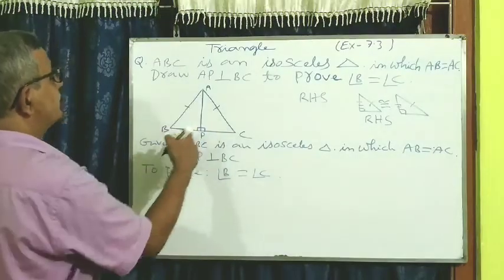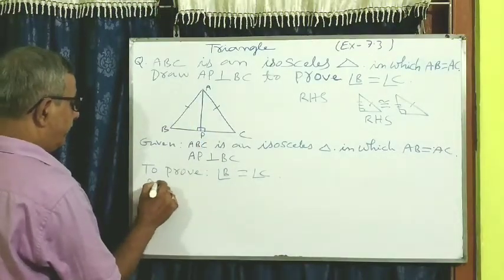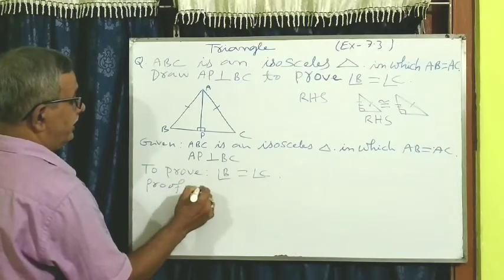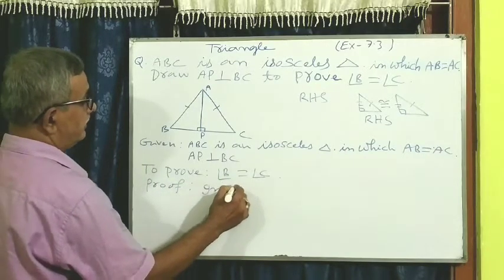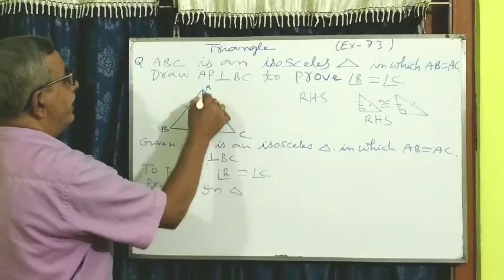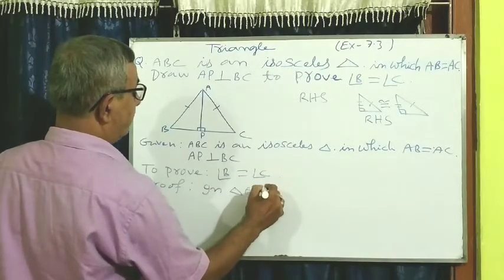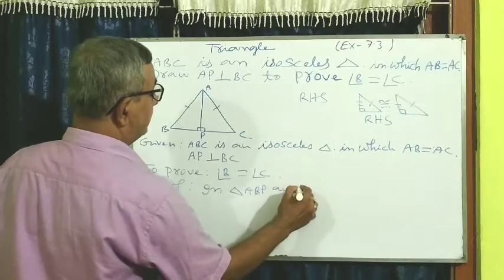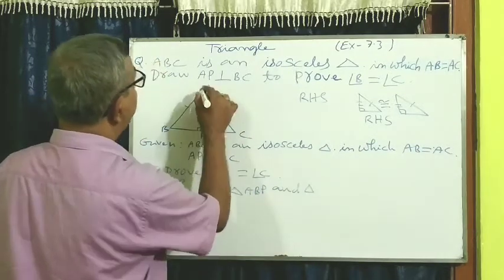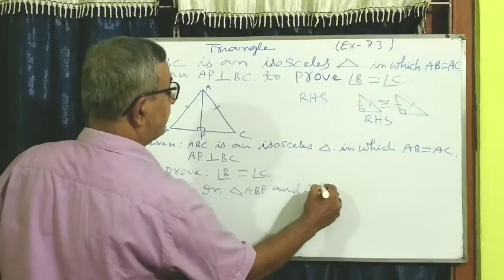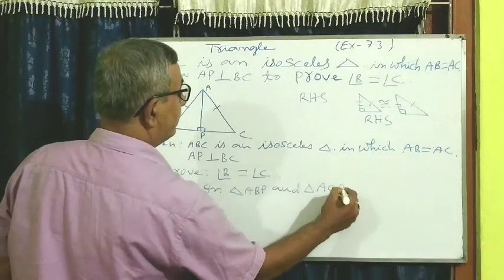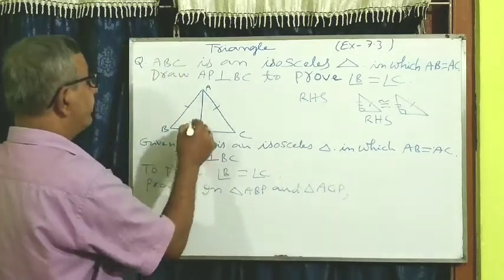So you see, in triangle ABP and triangle ACP, what are the things given?